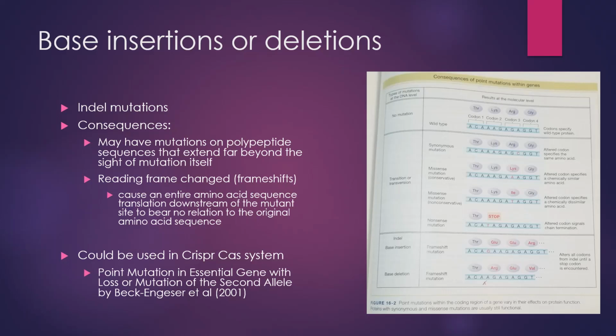In research, CRISPR can be used in areas such as cancer research. I was able to find a research article called "Point Mutation in Essential Genes with Loss or Mutation of a Second Allele" by Beck and Jester and colleagues.